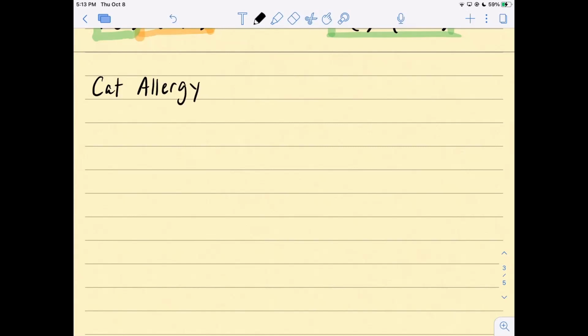We're going to do this for lie detectors, for coronavirus tests, for computer spam, all these different things. You can apply Bayes' theorem to figure out, given that your device or instrument gives some indication that you might have an underlying issue, how valid is that? What's the chance that you actually have that underlying issue? So this is an example, cat allergy.